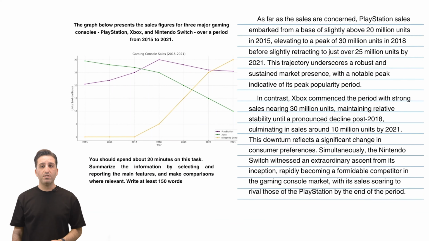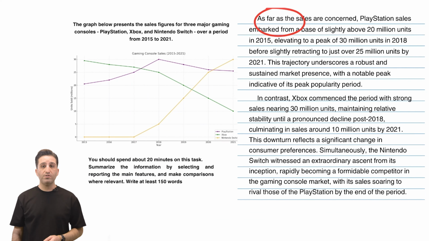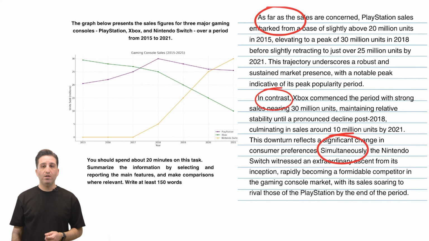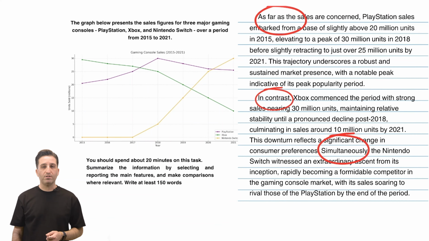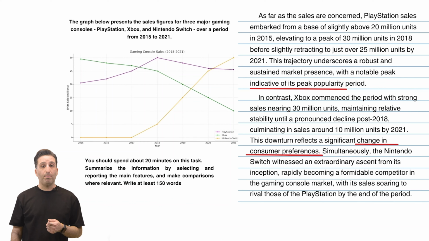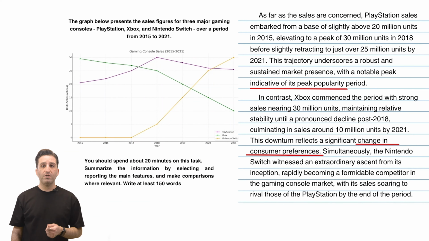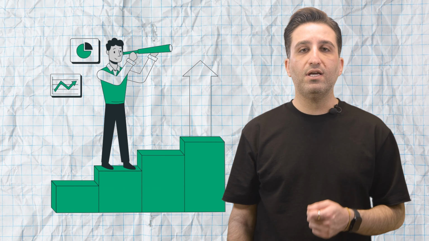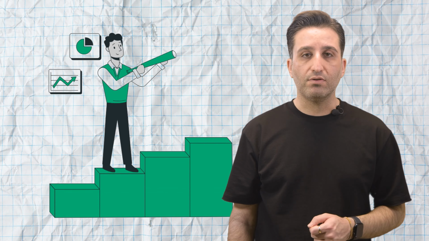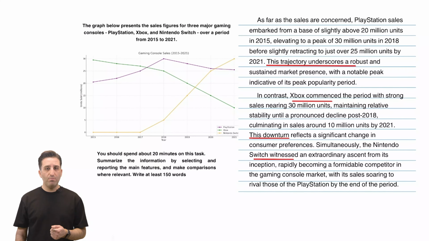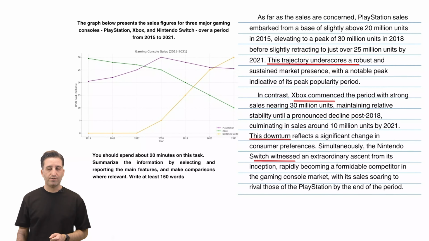Linking words and phrases like "as far as the sales are concerned," "in contrast," and "simultaneously" contribute to the cohesion of the narrative. The paragraphs not only report the data, but also analyze it, offering insight into the market trends and consumer preferences. This analytical approach is indicative of higher-level writing skills. The skillful use of both passive and active voice demonstrates flexibility in writing styles.